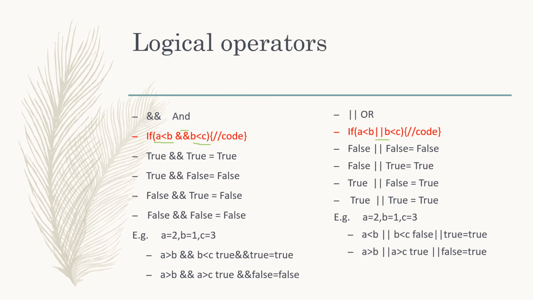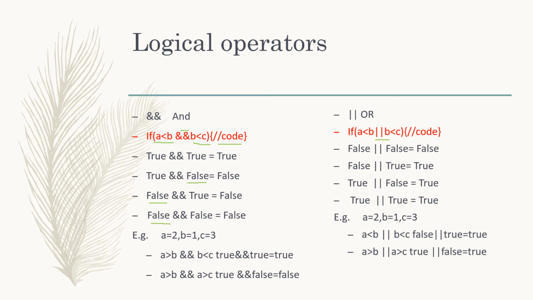Now, this AND operator, the code inside if will only execute if both the conditions are true. So if A is less than B and B is less than C, this will get executed. If one of them is false, the condition becomes false and the code will not get executed.